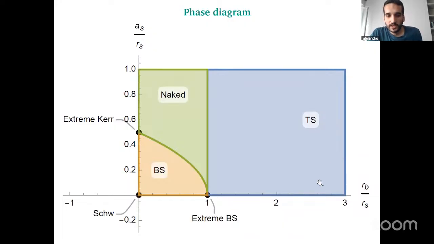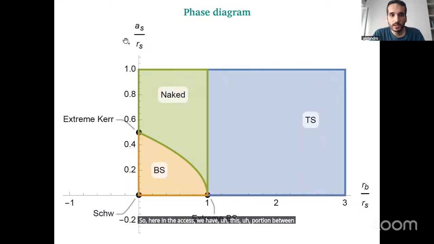Okay, so this is the phase diagram that you have. Here in the x-axis, we have the quotient between RB and RS, and here this dimensionless rotational parameter, AS divided by RS.